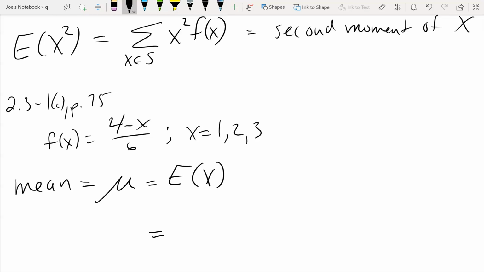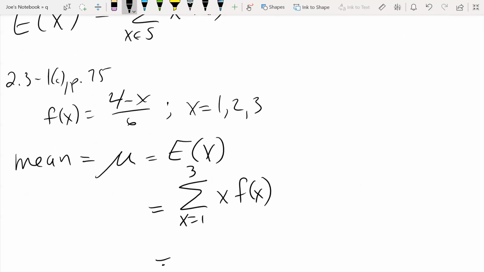According to the formula, we'll do the sum from x equals 1 to 3, because that gets me over the entire sample space, and we'll do x times f of x, because the formula for the mean is just x times f of x. So we'll plug in 1, then 2, then 3.